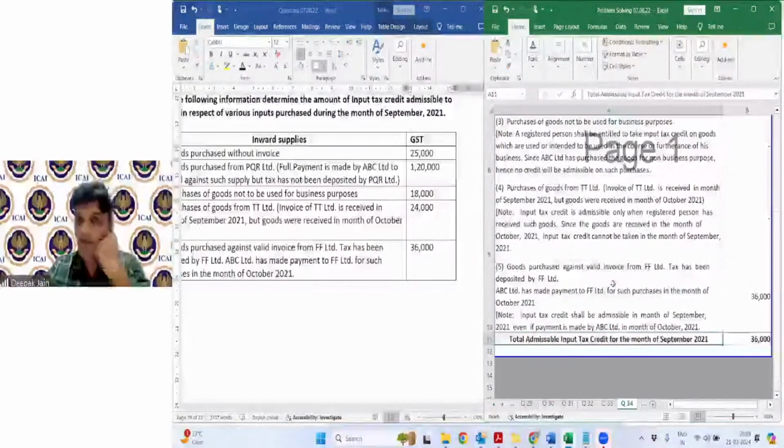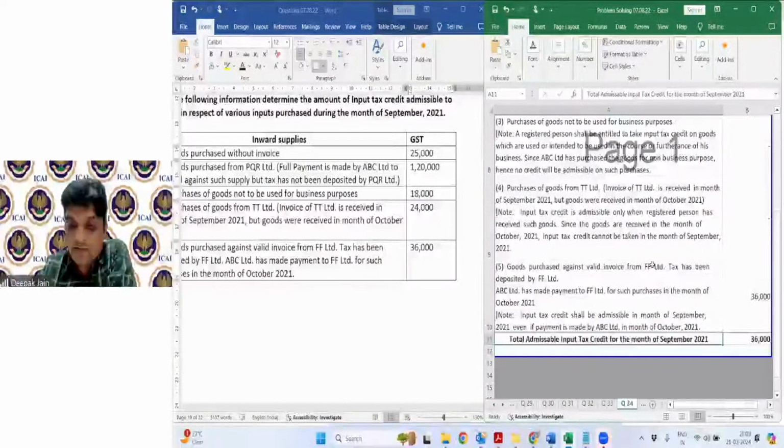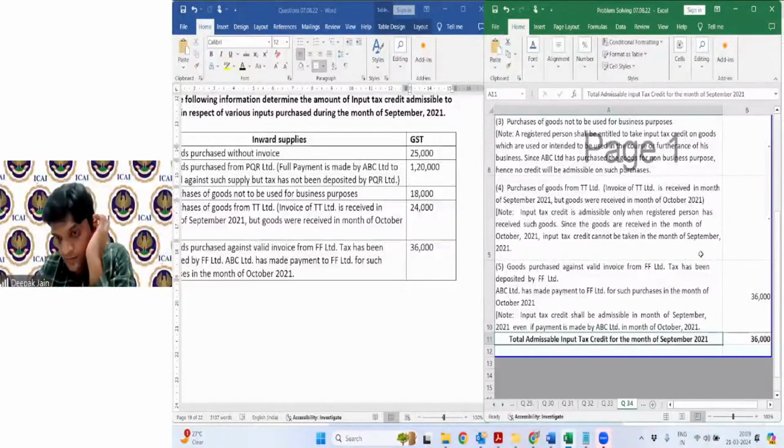Fourth case also, credit will not be available because you are not receiving it in this month. क्लियर नींची, आपका डाउट क्लियर हो गया?